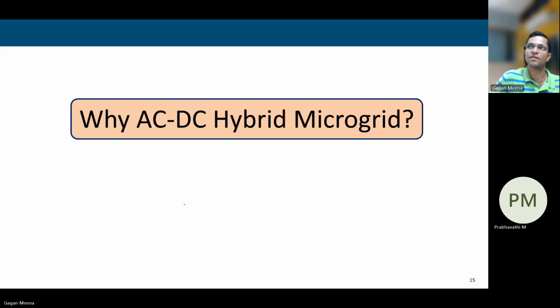The existing grid is an AC grid. Existing or conventional grid, or we can say the main grid. Conventional main grid. It's an AC grid.